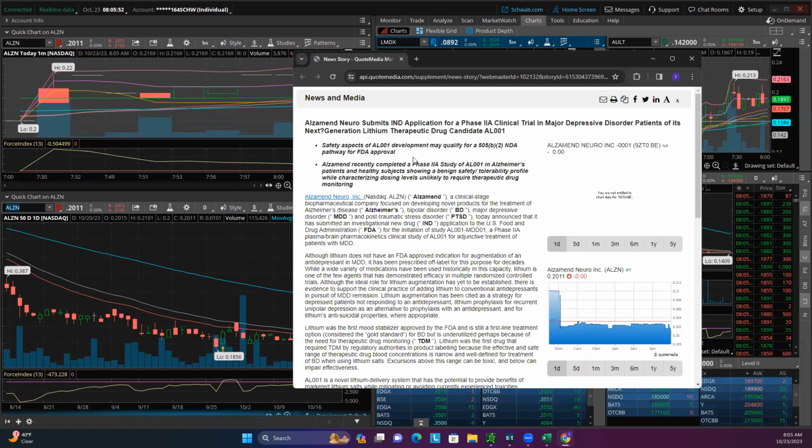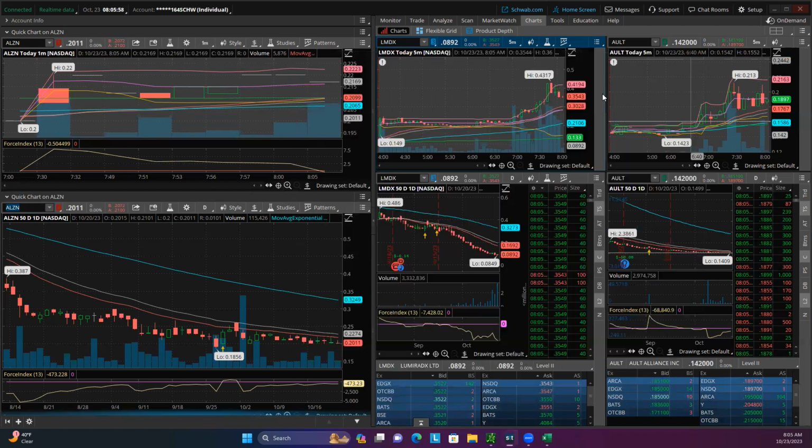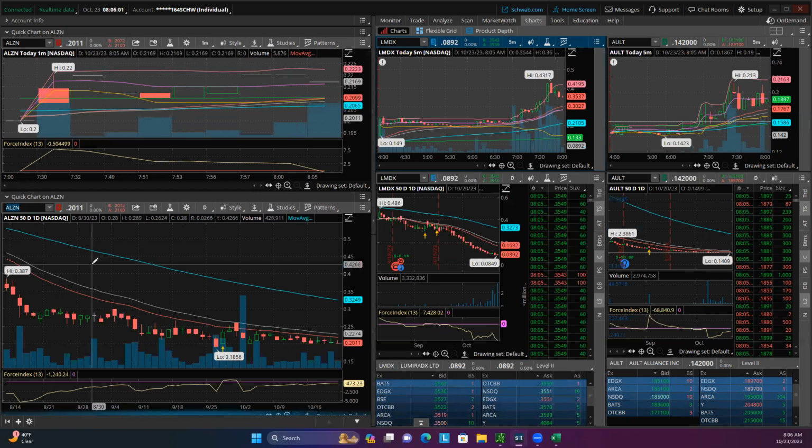And it said it may qualify for FDA approval. Now, if this company gets an FDA approval, that will full send the stock. FDA approvals, US patents, European patents. If you ever see that type of news, it's very likely gonna fully send the stock.